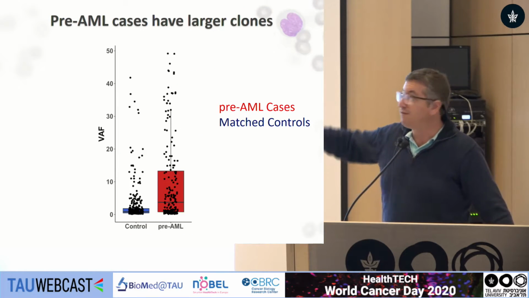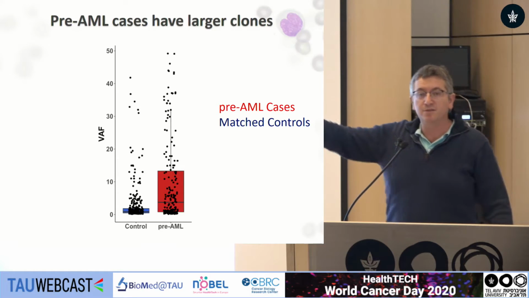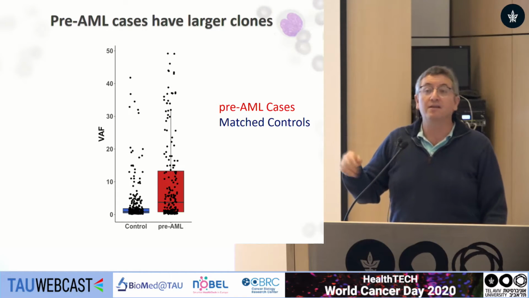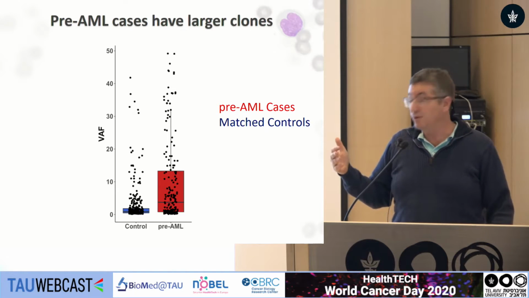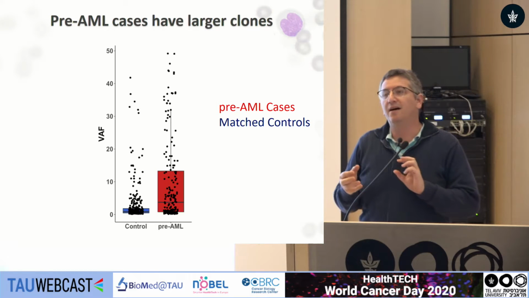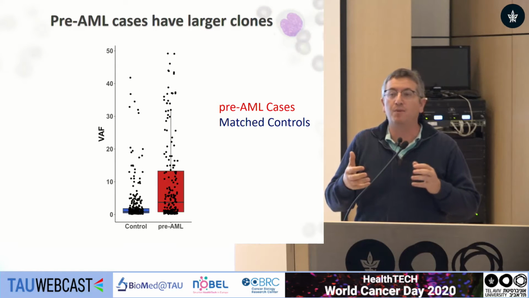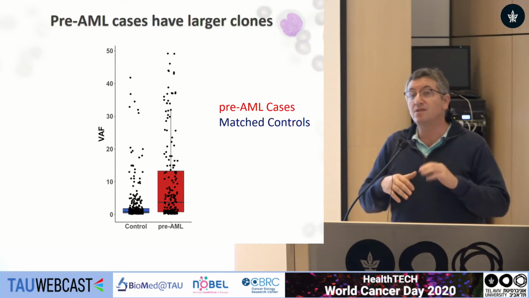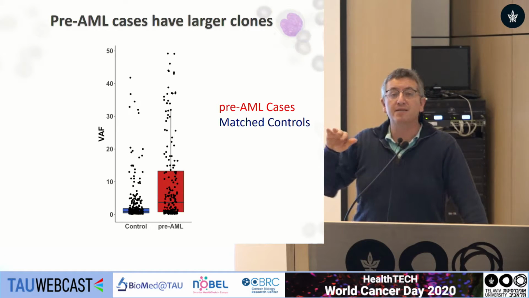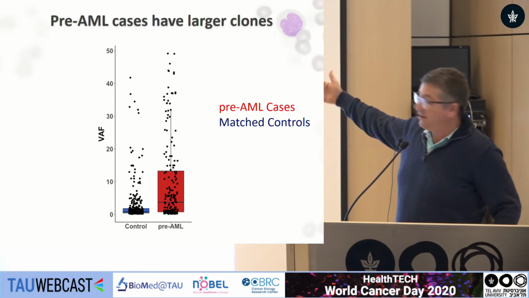And we look now at the variant allele frequency, which I just described before, and we found that the individuals that are destined to develop leukemia have much bigger clones than the general population. That means that more cells in their blood are carrying mutations, and probably the burden of this clone size is reflecting the longer time the disease evolved in their body, because as you will see soon, these early stages of leukemia grow at a steady pace, and the longer you have these pre-leukemic stem cells in your body, the bigger the clone will be.